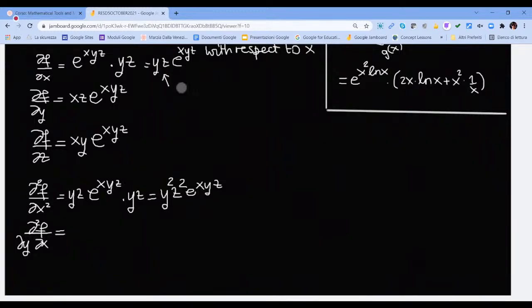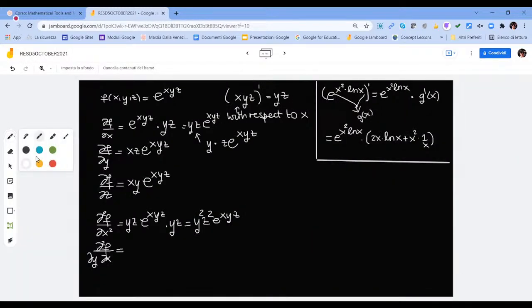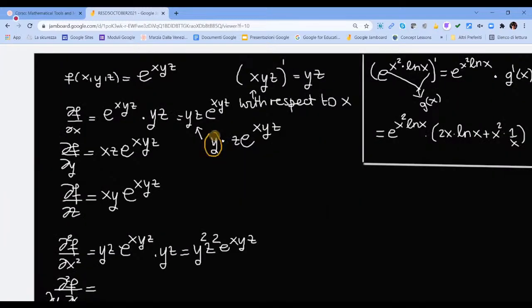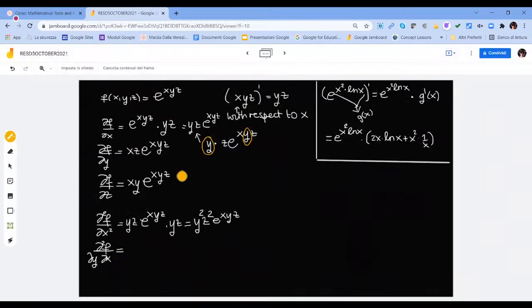So you have to take y times z e to xyz, and every time you have to derive, you should take into account that you are deriving this and this with respect to y, okay?